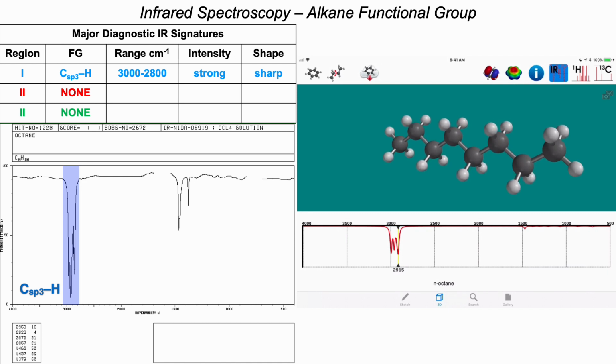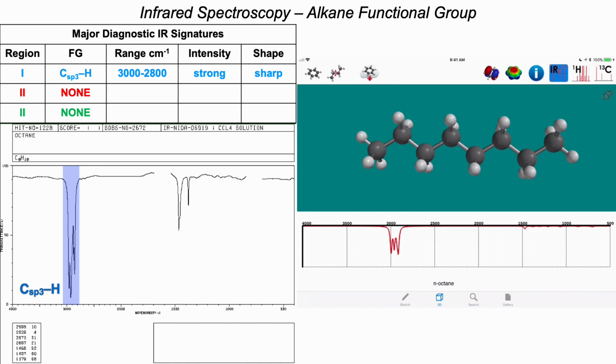Now there's some symmetric stretching of the CH. And essentially in region 1, you're most likely going to have sp3 hybridized carbon H stretching in every molecule you see. So those are really not terribly diagnostic because every molecule is going to have them.